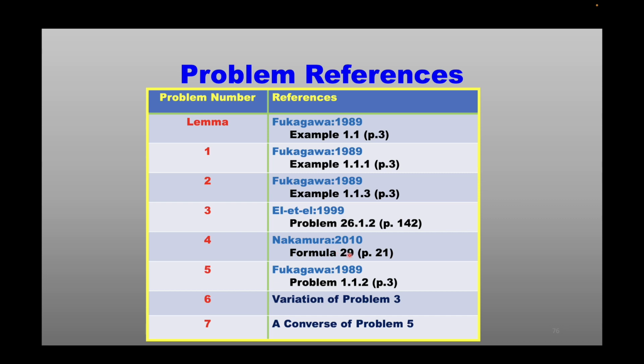Number 4 is Formula 29, and problem 5 is from Fukagawa's book. Problem 6 is a variation of 3, problem 7 is a converse of problem 5.